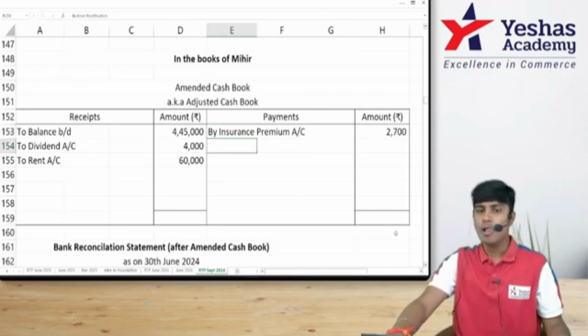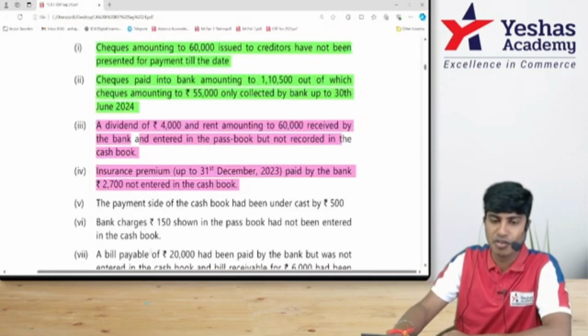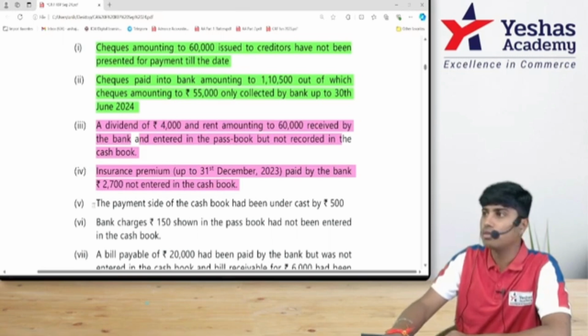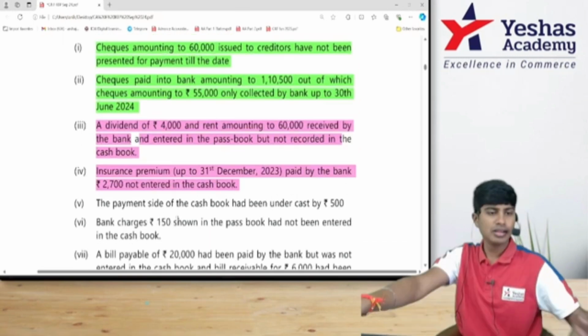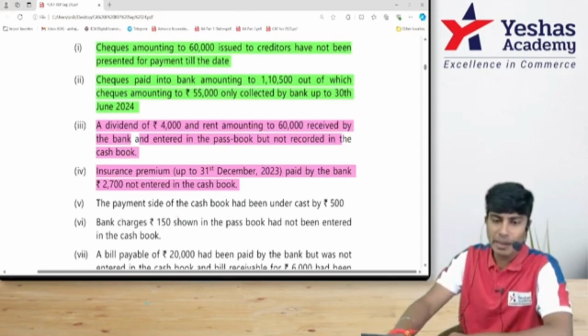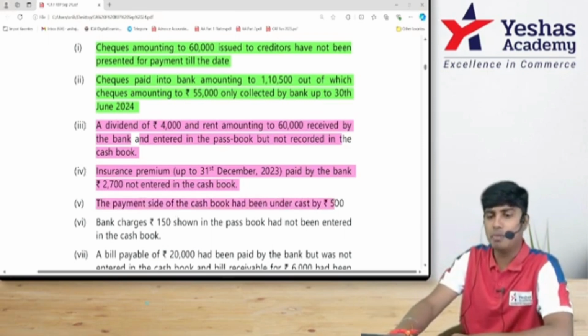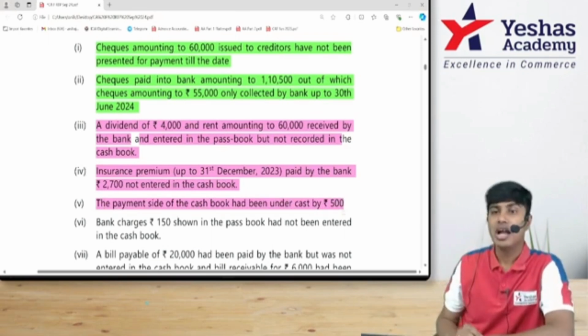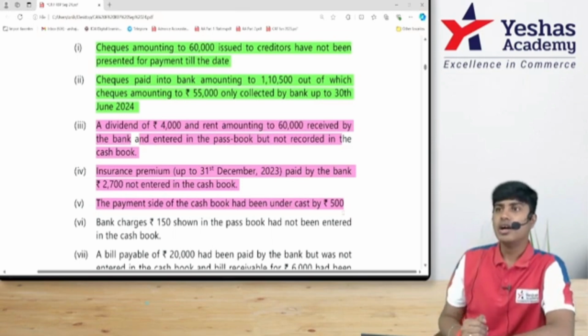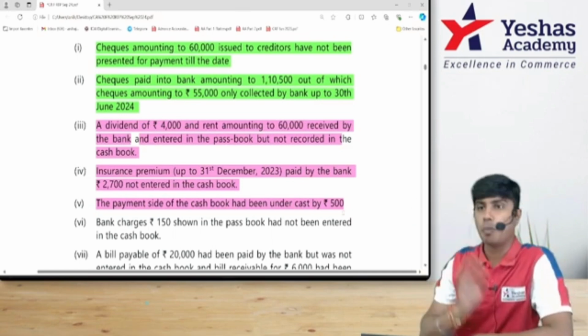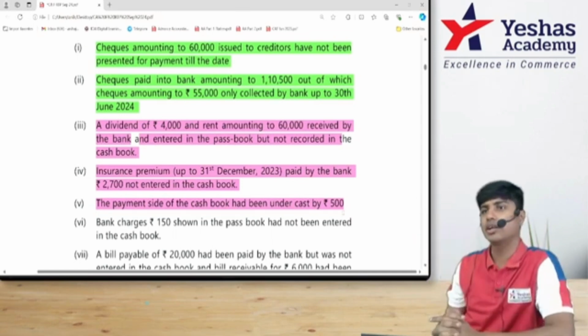Okay now. After that, fifth one. Payment side of the cash book had been undercast by 500. In the cash book, you made some mistake. Undercast means what? Reduced. Let us say you paid 500 rupees to somebody and did not record it.